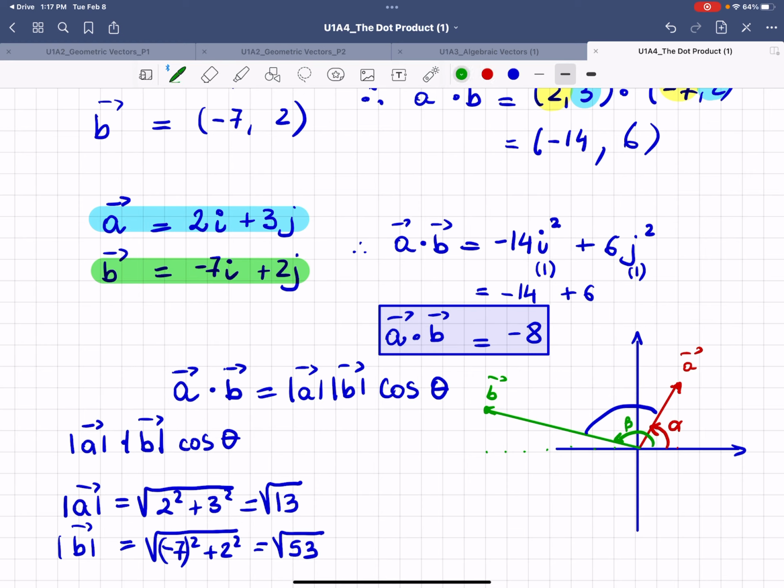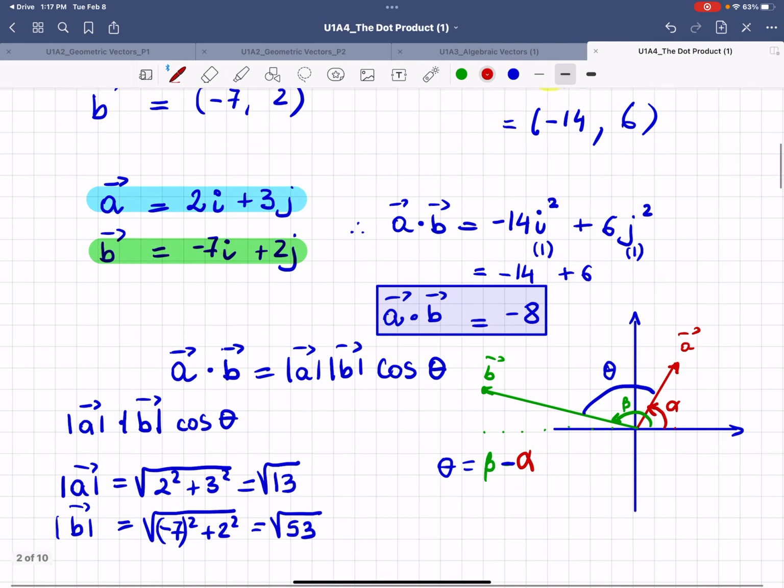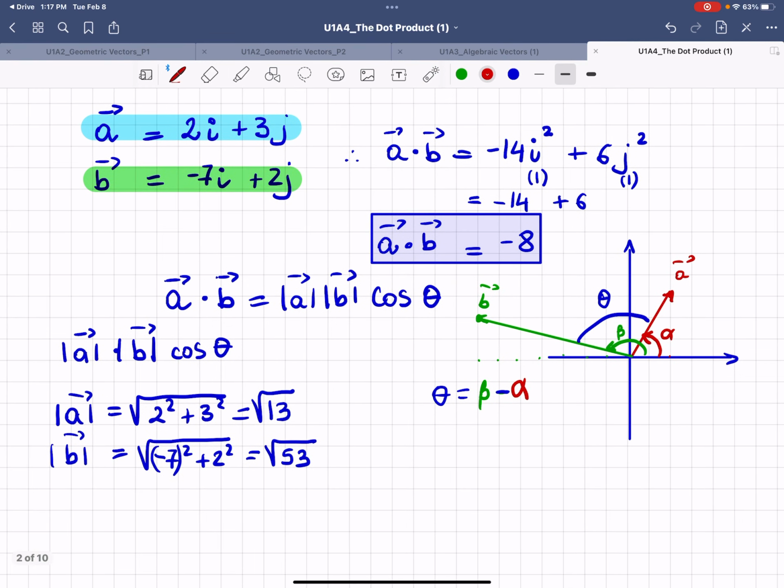And this will be the angle theta, the angle between the vectors. So angle theta must be beta minus alpha.